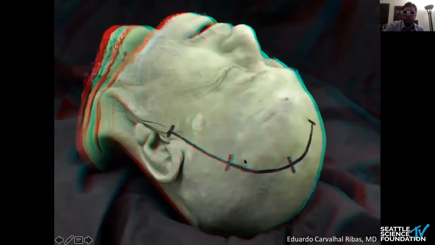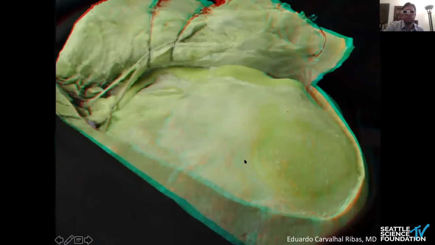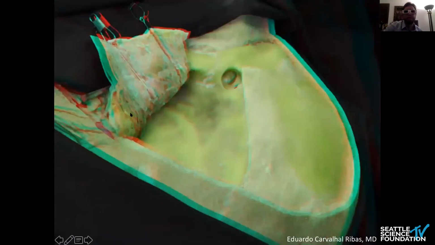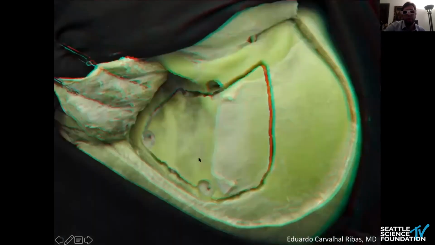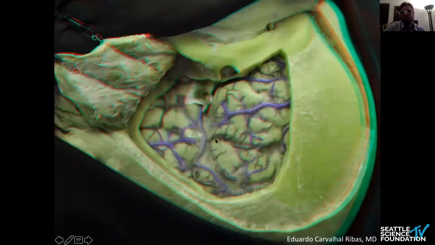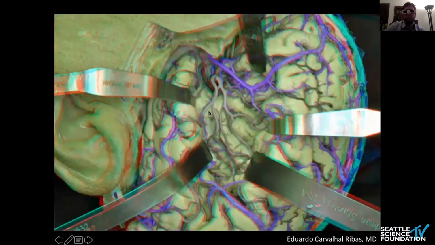The other branches, we can see just like in surgery. So we made the skin flap, we elevated the temporal muscle, we did a pterional craniotomy. Here we located the Sylvian fissure, and now we split the Sylvian fissure.